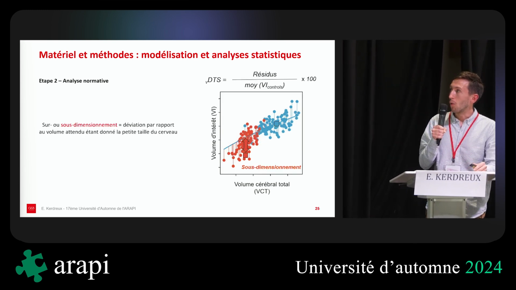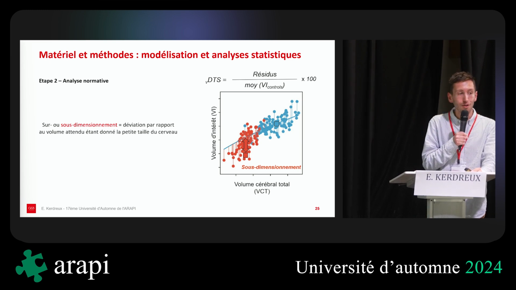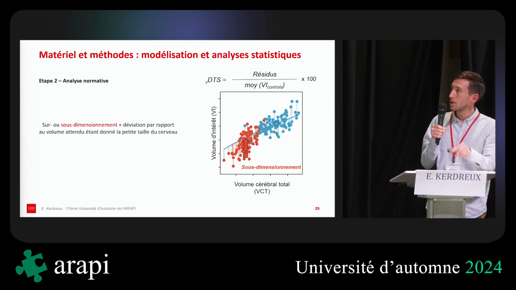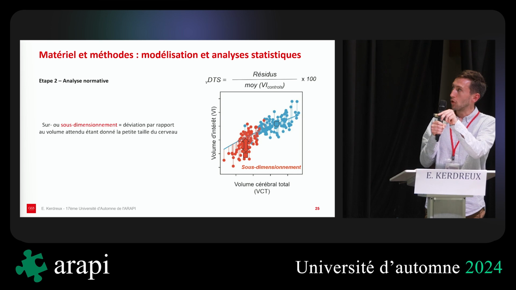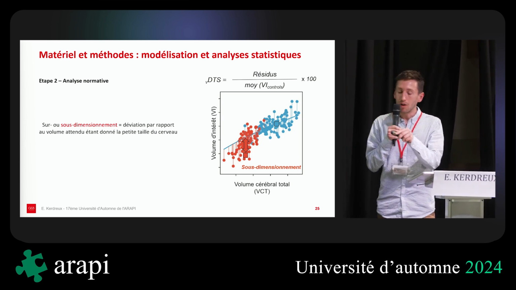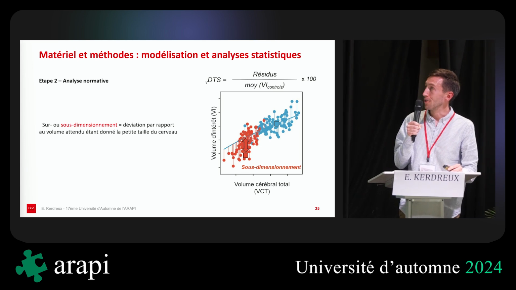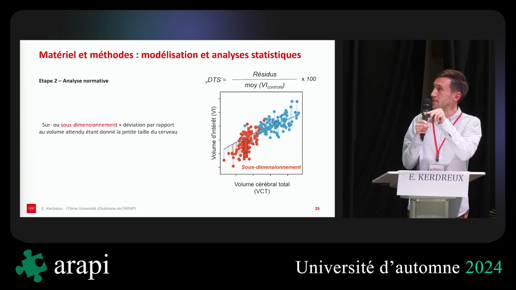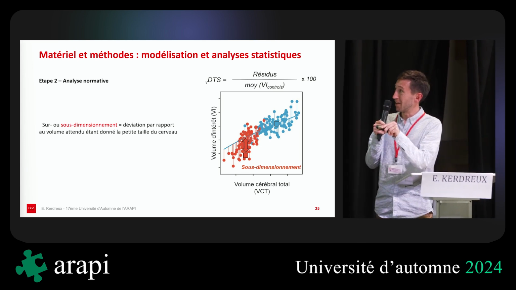And here we have patients versus control, and we measured for each subject the deviation, that is the distance in regard to the law of controls, by looking at the interval in which we expect to find our patients, taking into account their small brain.